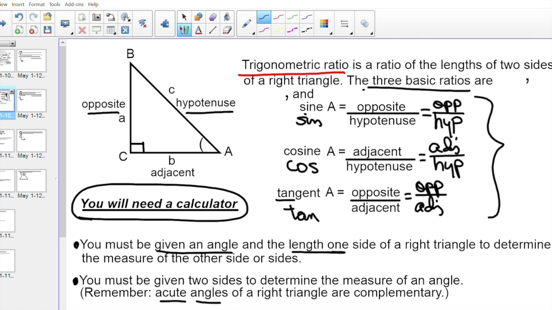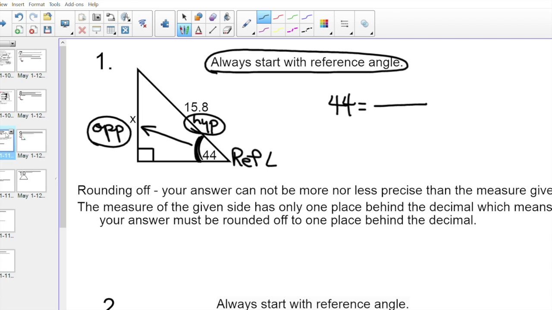Going back to the earlier definitions, if you put the length of the opposite over the length of the hypotenuse, that's called sine. So we put the length of the opposite side over the length of the hypotenuse. I don't know the length of the opposite side, and I know the hypotenuse is 15.8, and that ratio is called sine.